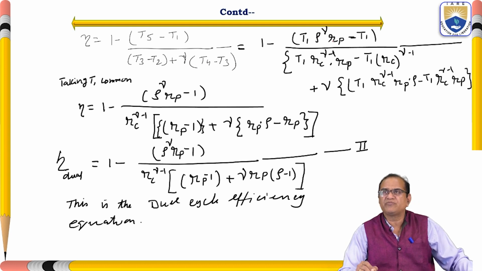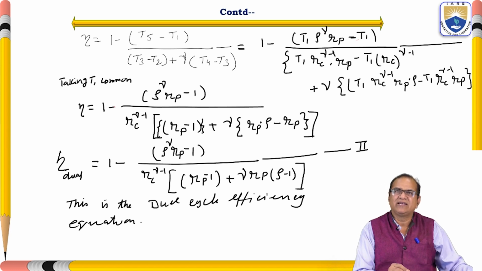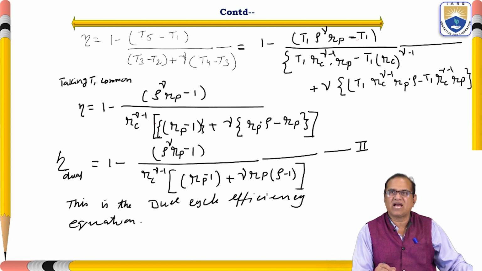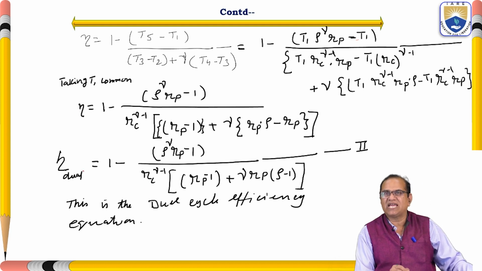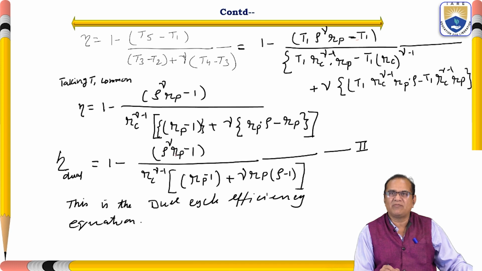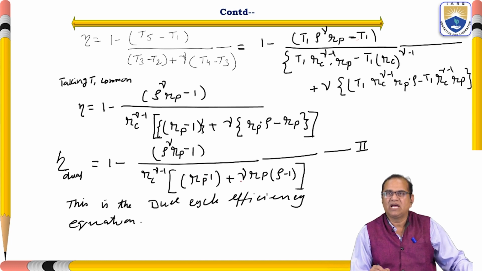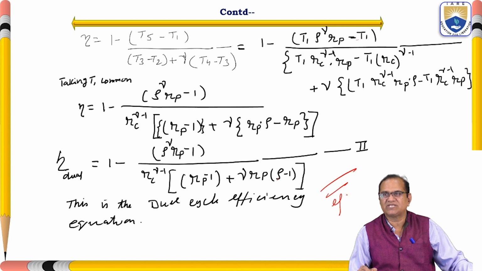Putting in all these values, T1 rho to the power gamma RP, you will get the efficiency of the dual cycle as 1 minus (rho to the power gamma RP minus 1) divided by RC to the power gamma minus 1 into [(RP minus 1) plus gamma RP (rho minus 1)]. So this is the efficiency equation for the dual cycle.